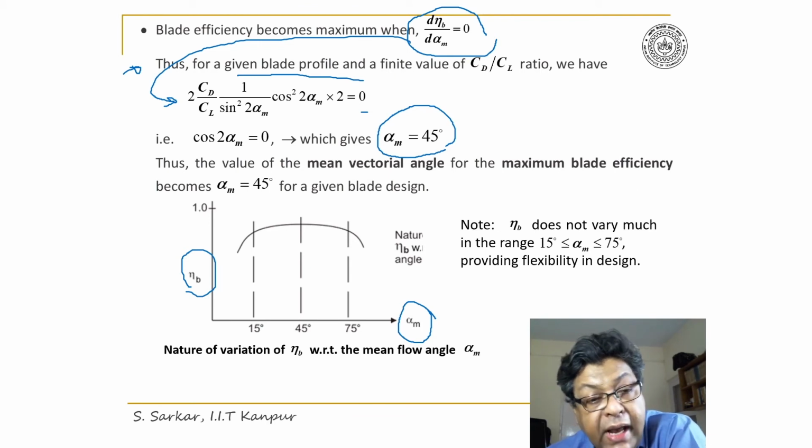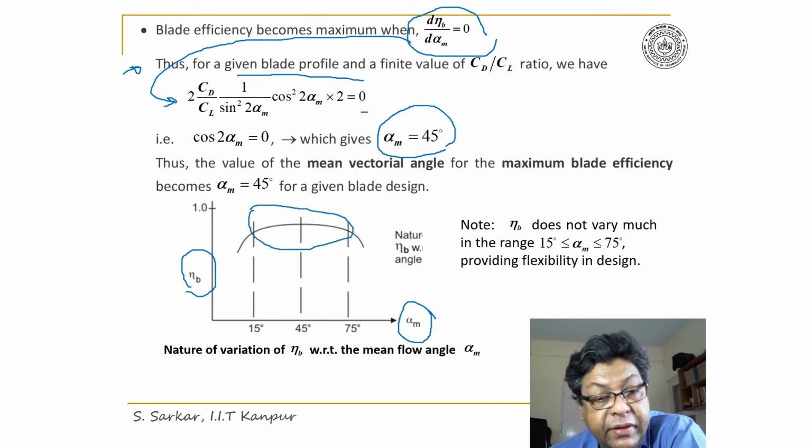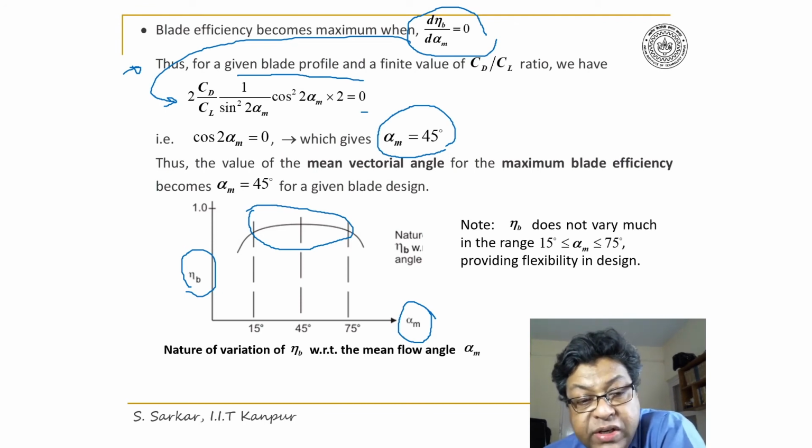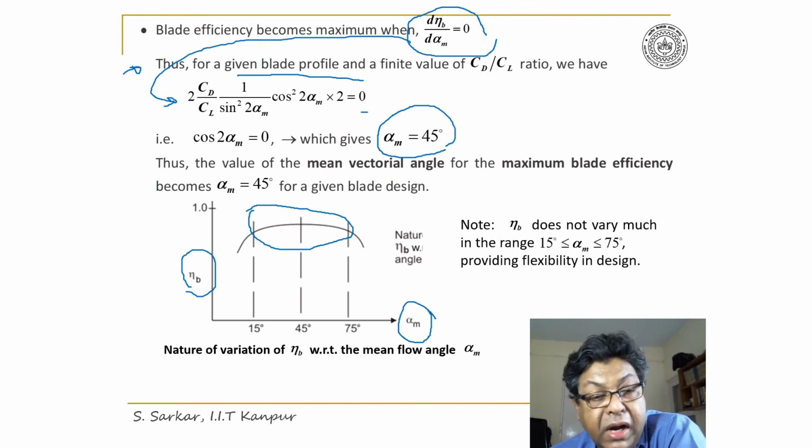It has been realized that eta b illustrates a larger flattened region, so almost in the range of 15 degree to 75 degree of alpha m, eta b does not vary much, which illustrates the flexibility in design.